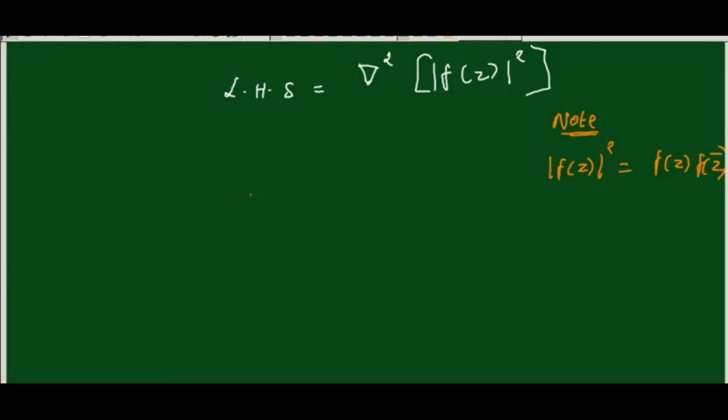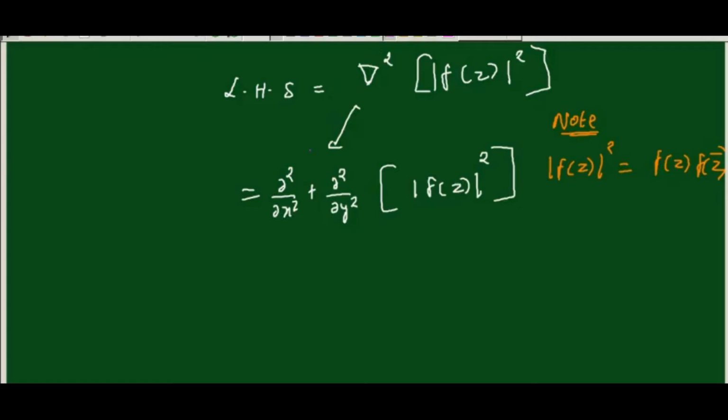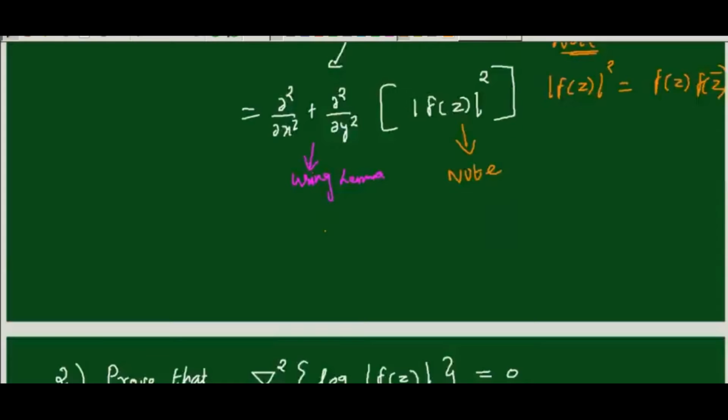For the LHS, del square is nothing but dou square by dou x square plus dou square by dou y square of modulus of f of z the whole square. Here I'm going to use the lemma, and here I'm going to use this note.